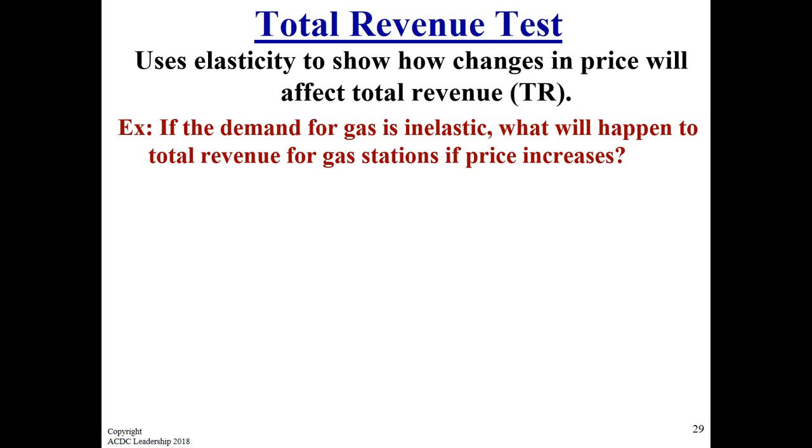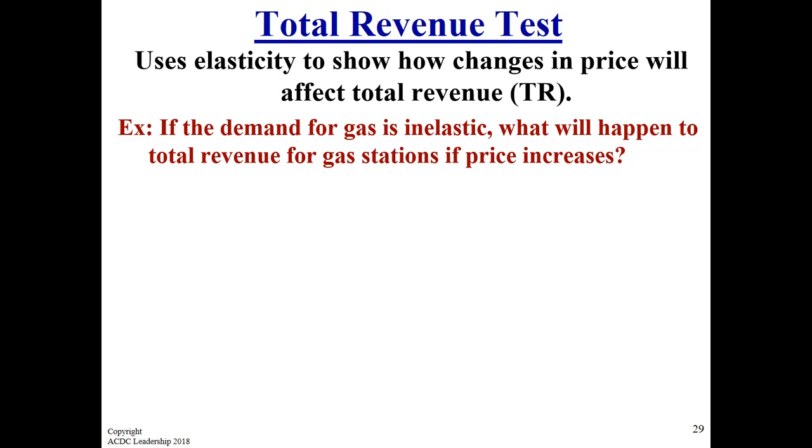Total revenue will increase, you said. All right, Tom, do you agree with that? Yes. Why? Because it's inelastic, that means it's not going to respond as much to the price change because you need it. If the price is raised, you're still going to buy it. So at a higher price, the suppliers are going to make more.